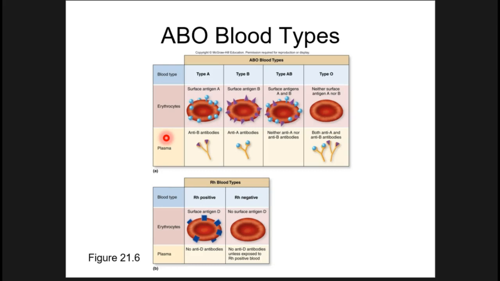Let's say we were donating A positive to AB positive. Yeah, we're fine. B negative. Yeah, we're fine. AB positive. We're good. AB positive is the universal recipient.